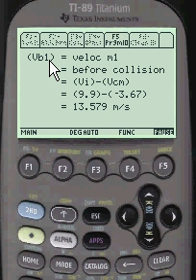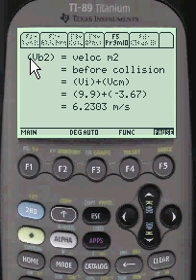Now we're going to find the velocity before collision, so I indicated VB1 for mass 1. That equals 13.579 meters per second. It's VI minus the velocity of center of mass. Simple as that, okay?